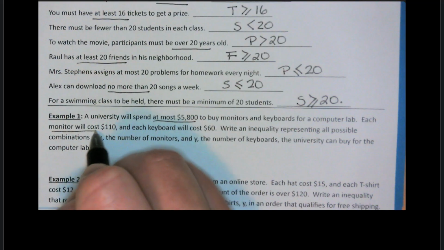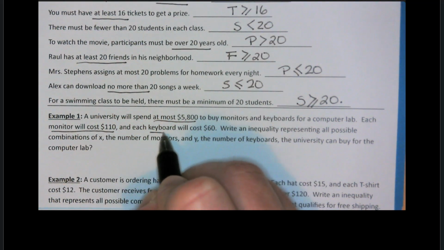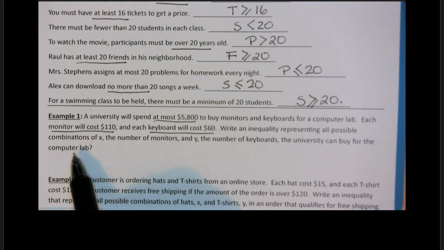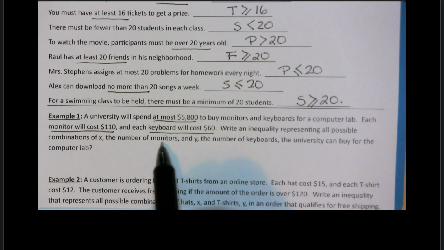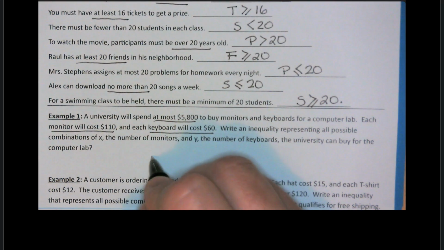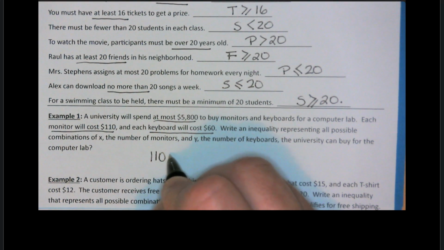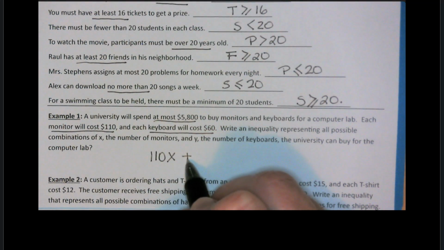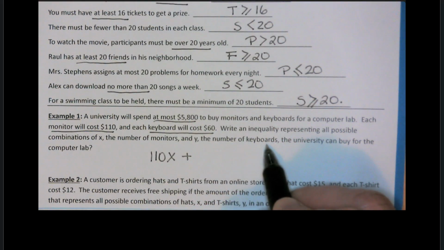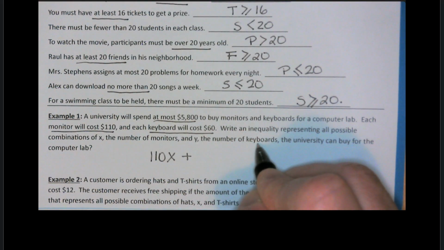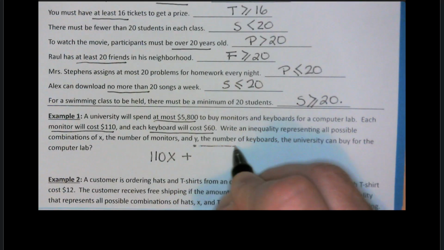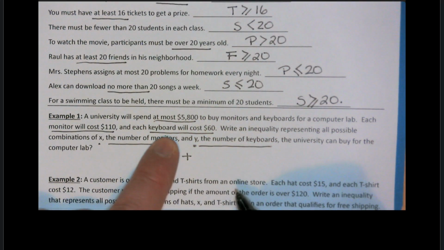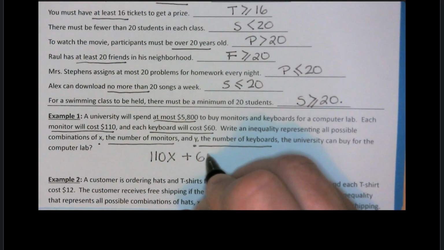Write an inequality representing all possible combinations of X, the number of monitors, and Y, the number of keyboards. Because a keyboard is $60, we're going to write 60Y.